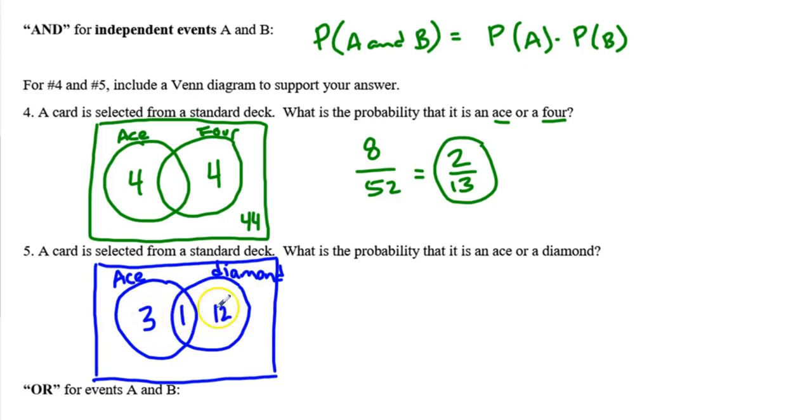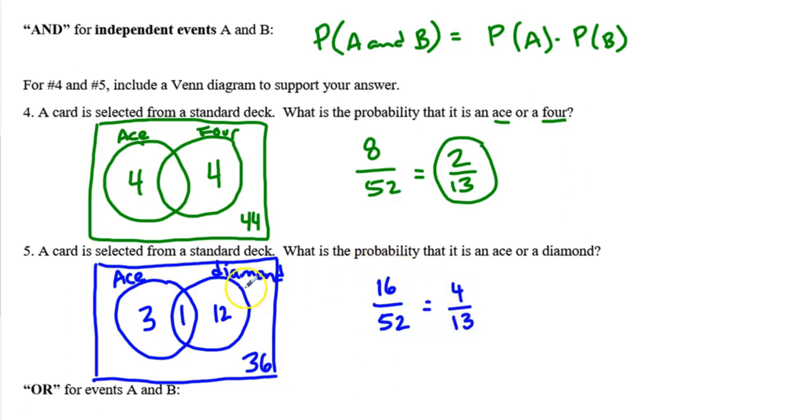So altogether, I'm counting 16 cards. 52 minus 16, that means 36 are out here that are neither ace nor diamond. So finally, the probability that a card is an ace or a diamond, well, you count all of them, the ones that are just aces, the ones that are just diamonds, and the overlap, the both. It comes out to be 16 over 52, or if you want to simplify, 4/13.